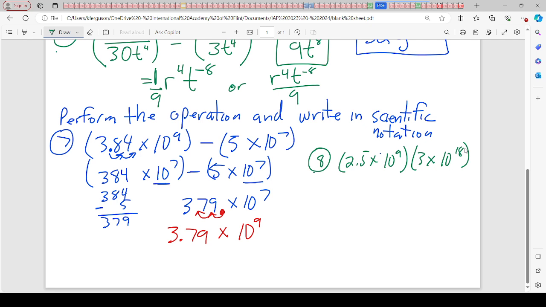When you multiply or divide scientific notation, you do not have to change. What you can do is go back to what I was saying a little earlier and treat the numbers and the exponents, or the powers, as two different things. So I got 2.5 and 3. I'm going to multiply those two things together. And then I've got 10 to the ninth times 10 to the 18. I'm going to multiply those together.